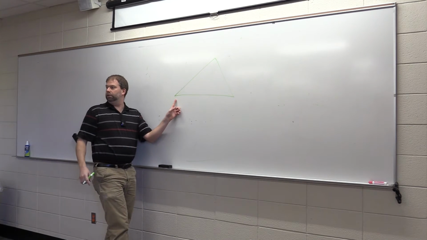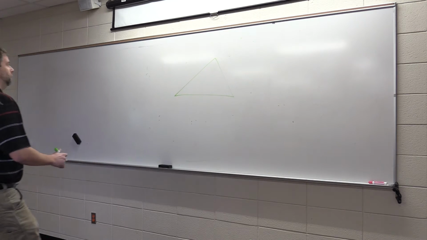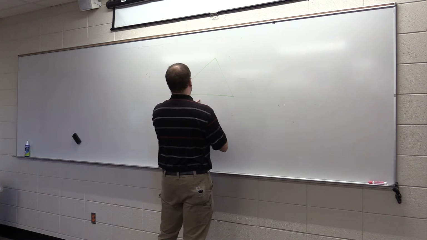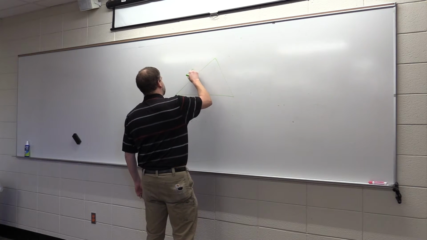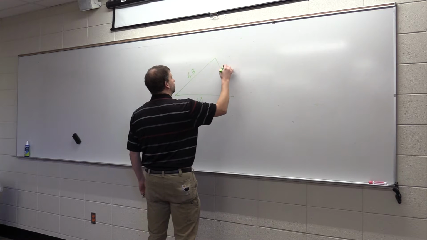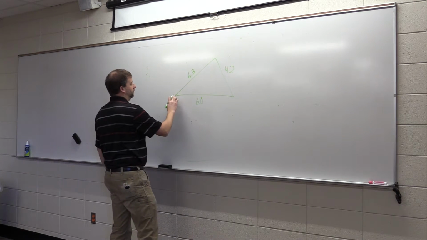We have that angle, that's 40. And then we want to find these two, but we're given all three side lengths. 6.3 at the top left, 6.0 here, and 4.2 here. And the angle for 4.2 is 40.